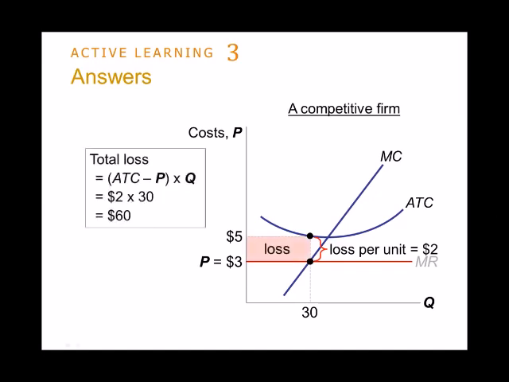If we plug it in, total loss comes to $60 because we're still selling 30 units, and each unit is earning a loss of $2. So the total loss is 60. Or we can also write profit equals negative 60. They're both okay. If you say loss is 60, it means profit is negative 60.